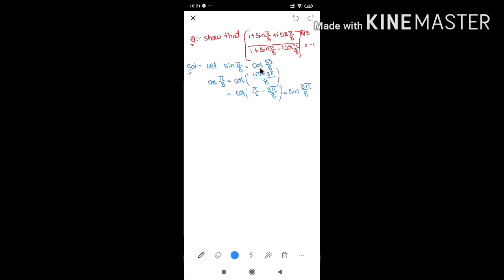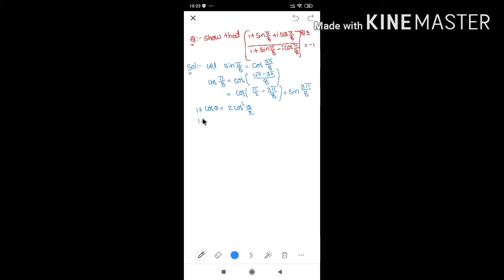So how we got the second function, we expanded like this. And we have one formula: 1 plus cos theta is equal to 2 cos square theta by 2. Here instead of cos theta in general, we need to replace cos 3 pi by 8.